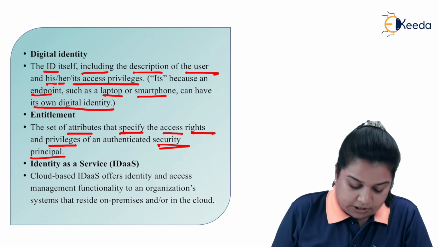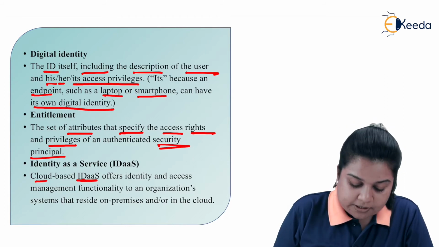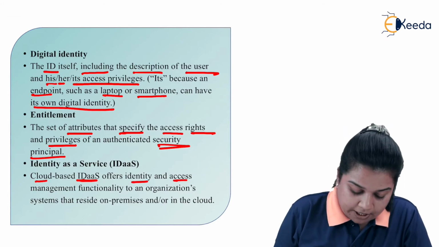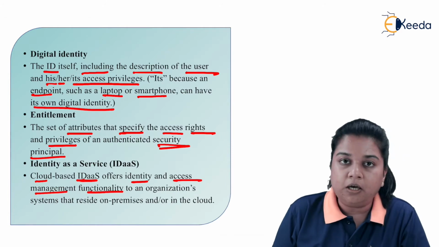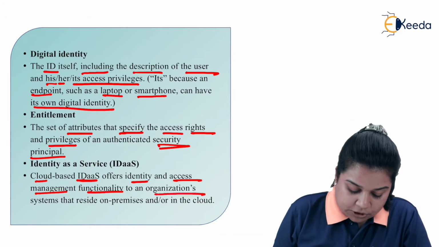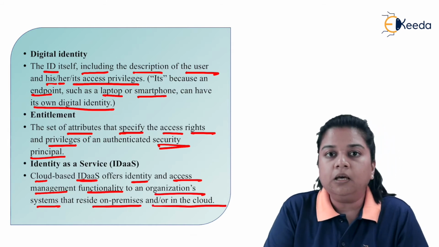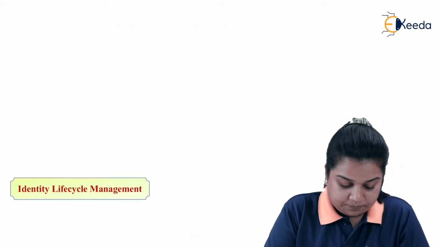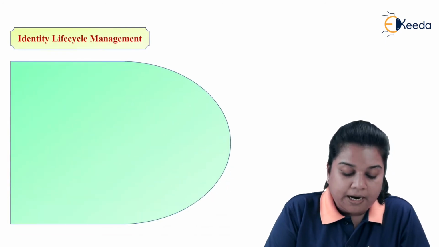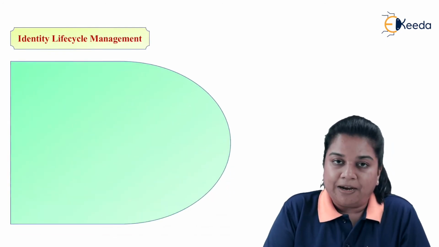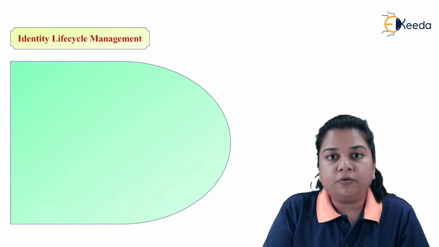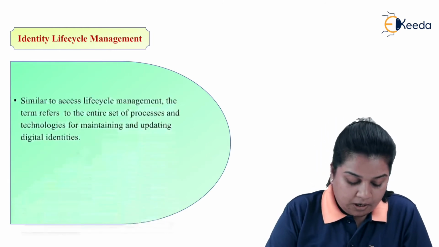Identity as a service, here cloud based identity as a service, offers identity and access management functionality to an organization's systems that reside on premise and or in the cloud. Identity lifecycle management is another attribute for identity as a service.